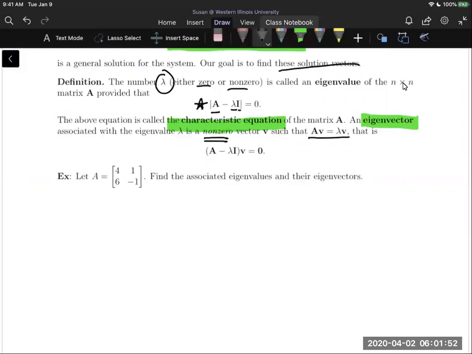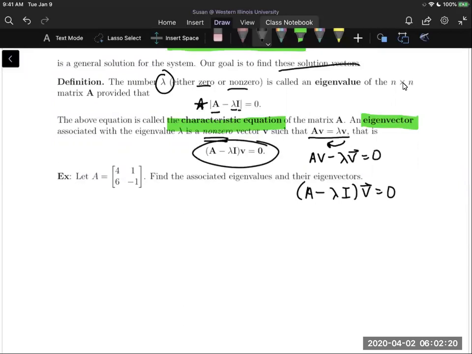V is the eigenvector. If we move lambda V over, we can write that as AV minus lambda V equals 0. And then using properties of vectors, we can factor that vector out. And it's equivalent to saying A minus lambda I times that eigenvector equals 0.